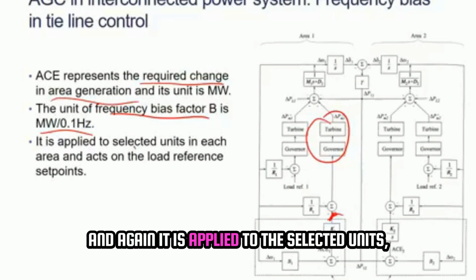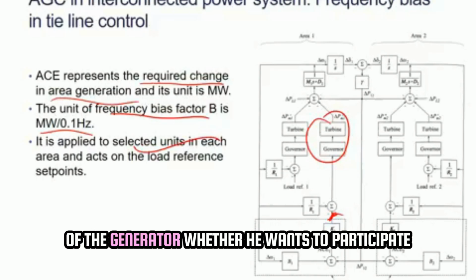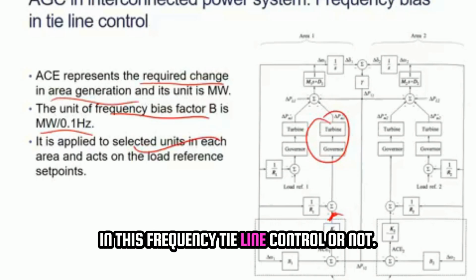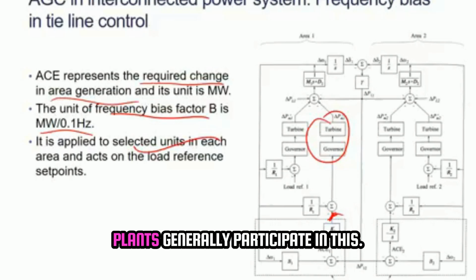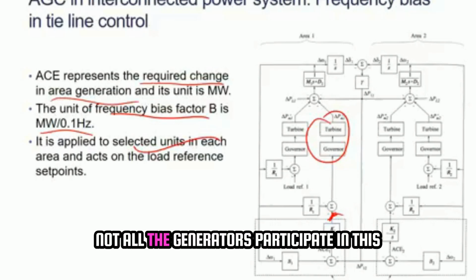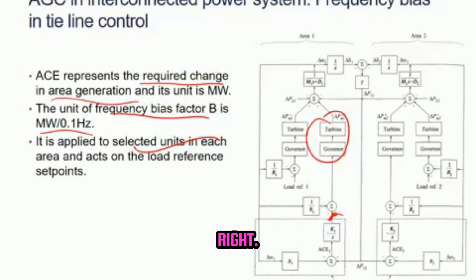And again, it is applied to the selected units, not all units, because it is the choice of the generator whether he wants to participate in this frequency tie line control or not. So generally the governor based power plants participate in this. Not all the generators participate in this process, because it affects their operation. Right?